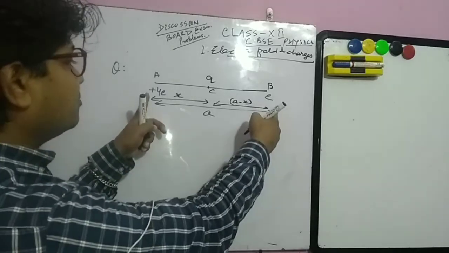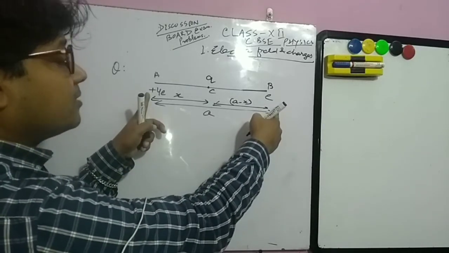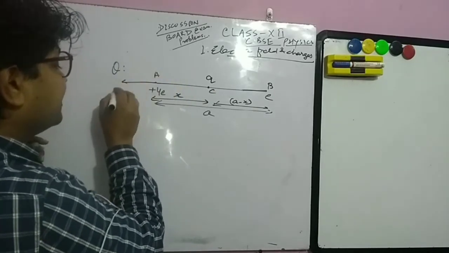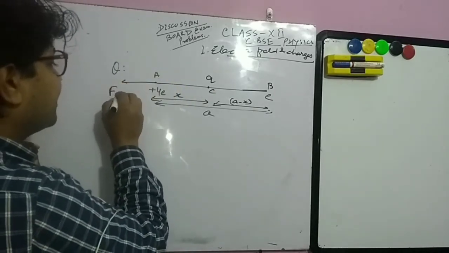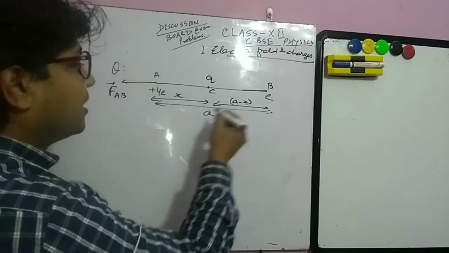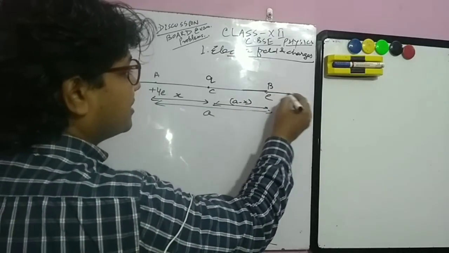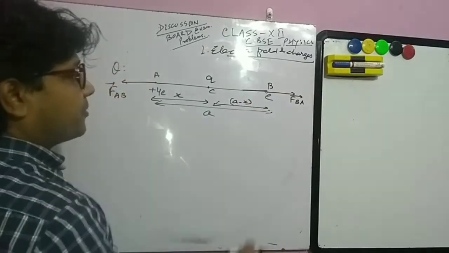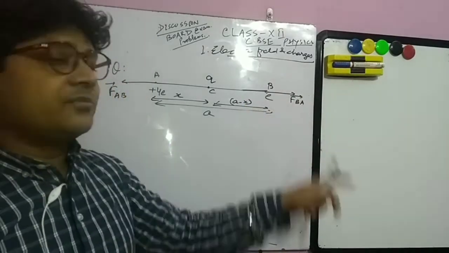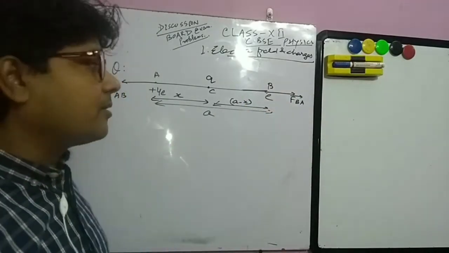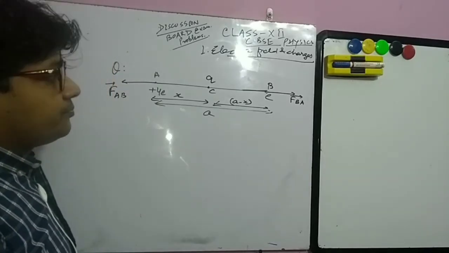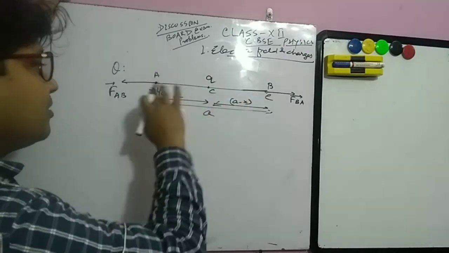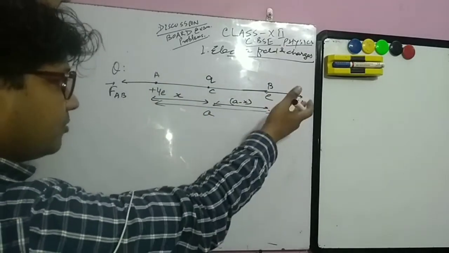So because these two were positive charges, there must be a force of repulsion, and that we can say FAB vector. And this is FBA vector, force of repulsion. So force on B due to the charge present on A. Now we can take any of the charge, any of the force.